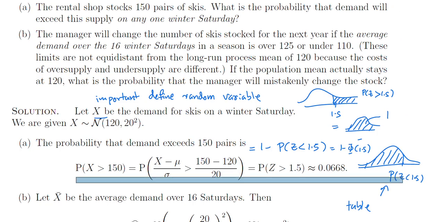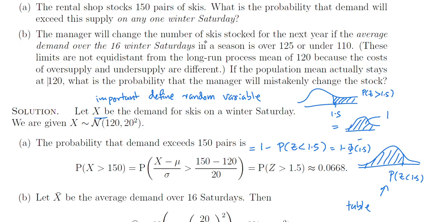For part 2, the manager will change the number of ski stocks for the next year. He is going to take statistics over 16 winter Saturdays, and if the average is over 125 or under 110, he's going to make changes to the ski stock. He's doing this by thinking that the population mean has changed from 120.